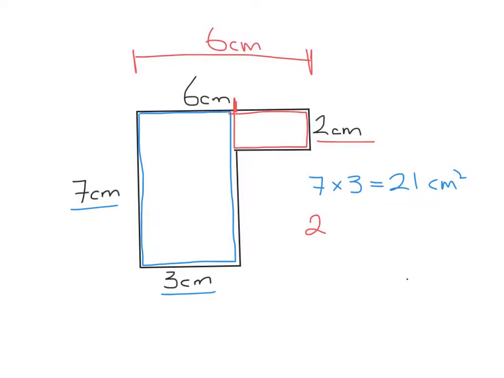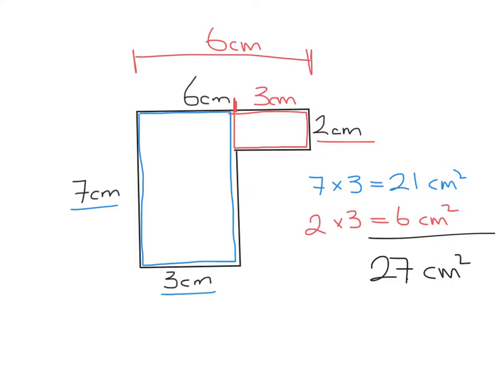So I can say that this must be 3 centimeters. So the area of this rectangle is 2 times 3, which is 6 centimeters squared. Then all I do is add those two answers together, which gives me 27 centimeters squared. And that's my answer.